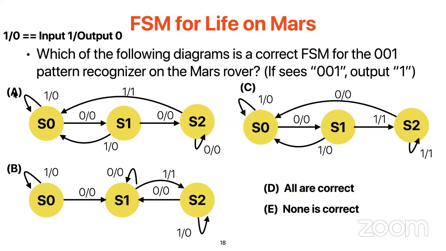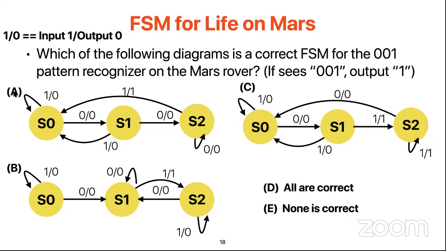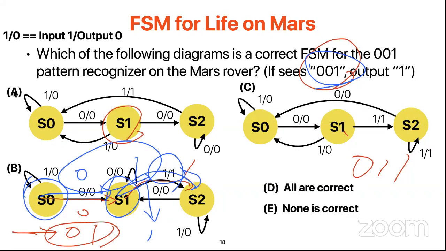We chose A, yes. I just wanted to look at it again. Right. So for this one, even right now we are at S1, and we got a 0, no matter how many zeros we have, at least finally you get a 1, right? That's the only output. Yeah, right. Thank you.